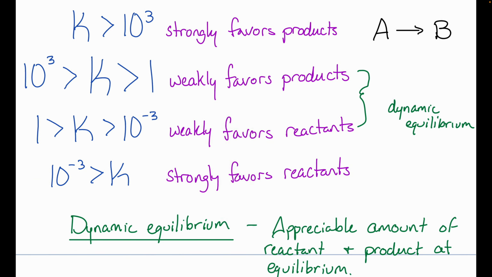So in this dynamic equilibrium range, this is when we want to use those two arrows to remind ourselves that this reaction is really going in both directions at the same time.